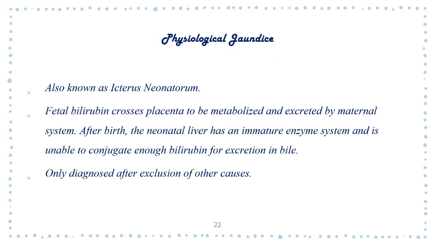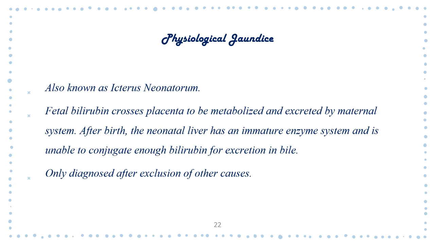What are the features of physiological jaundice, or when can we say that a baby has physiological jaundice? This is also known as icterus neonatorum. Why does it happen? To summarize everything, it's because the baby's liver is still immature. So when the baby was in utero or a fetus, the fetal bilirubin used to cross the placenta and get metabolized and excreted by the mother's system.